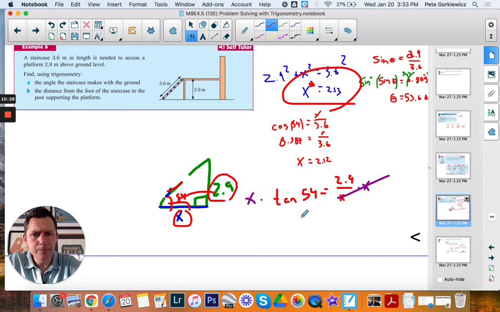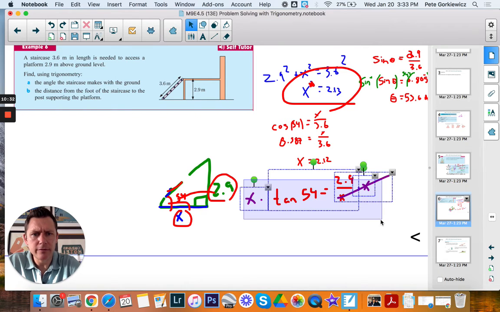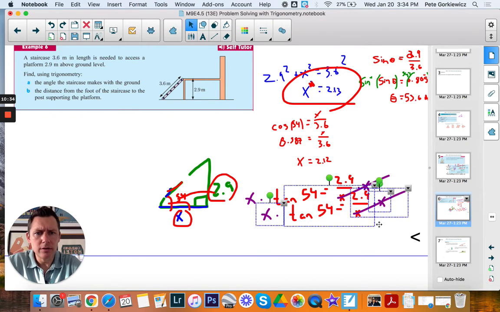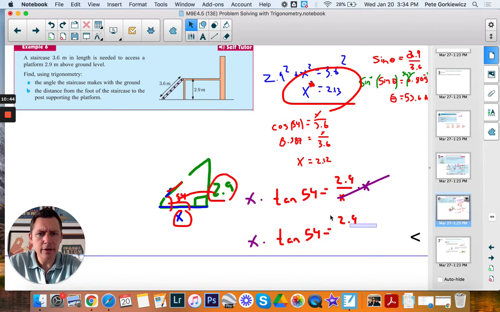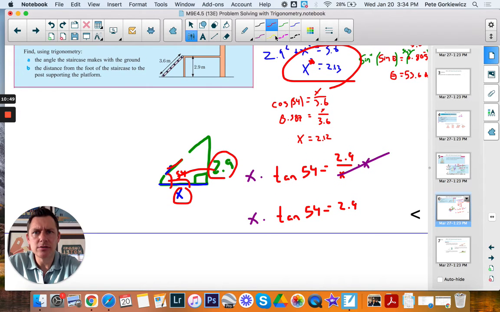Cancels out of there, and so you're left with x tangent of 54 equals 2.9. And then from there you'd have to divide both sides by the tangent. So you go divided by tangent 54, or the gross decimal if you like working with gross decimals.